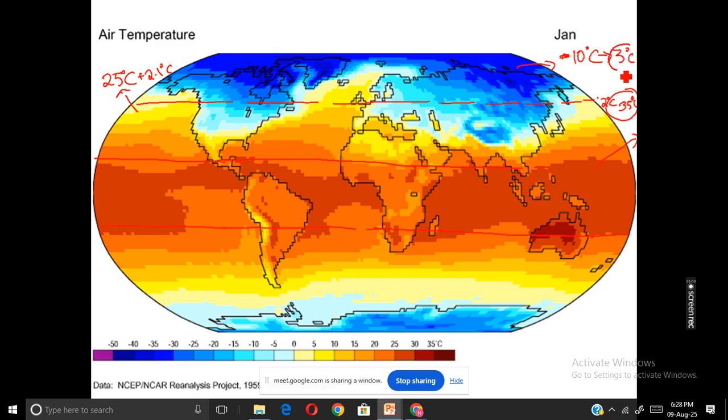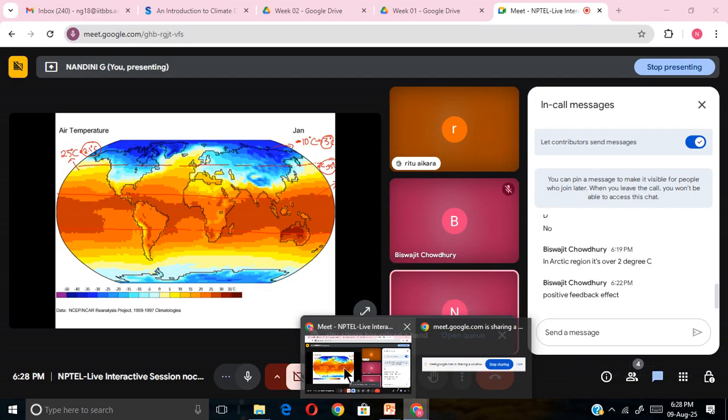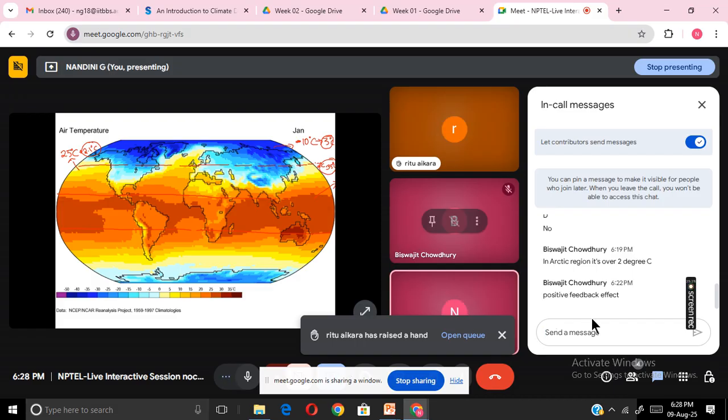So this increase is different, even though this is the climatological temperature distribution pattern around the globe. When we look at the temperature increase that each region has been experiencing in the last 100 years, or in this case 40 years, and the last few years, the amplification of the increase in temperature is actually more. Is that clear?